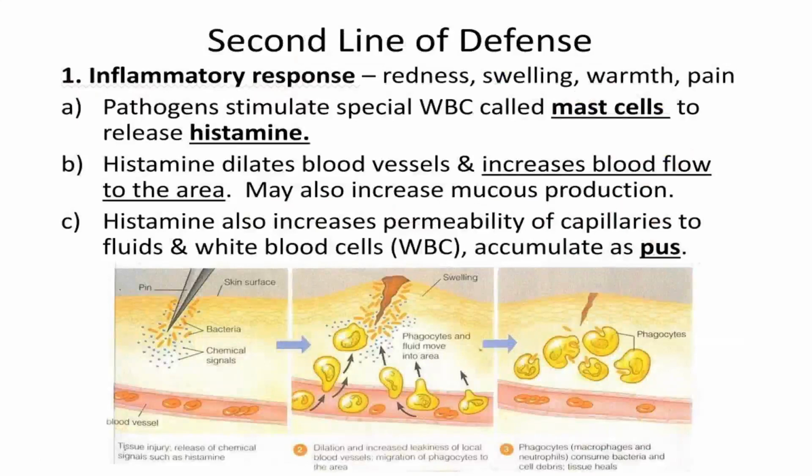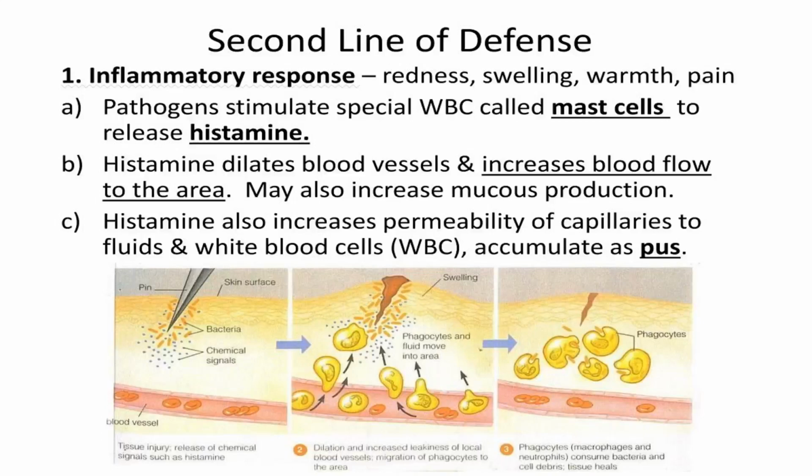So the second line of defense also includes the inflammatory response, as I've told you. That is, it leads to redness, swelling, warmth, and pain, right?